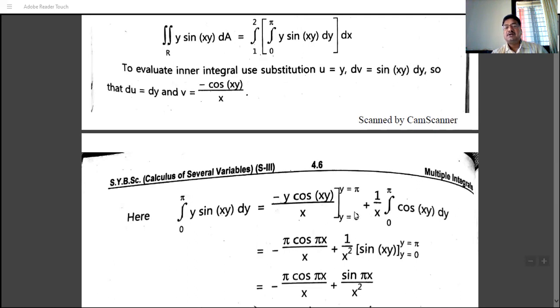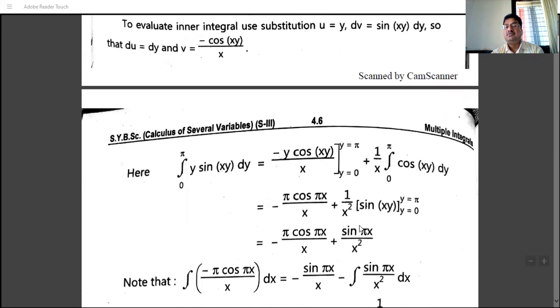minus the integration of the derivative of first into integration of second. So the integration of second is what? Minus cos xy divided by x. Minus becomes plus, and the derivative of first, the derivative of y with respect to y, is 1, from 0 to pi.